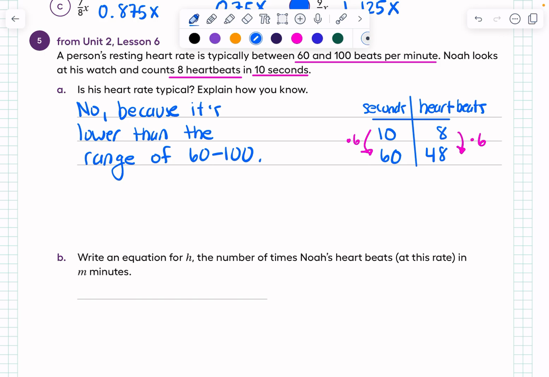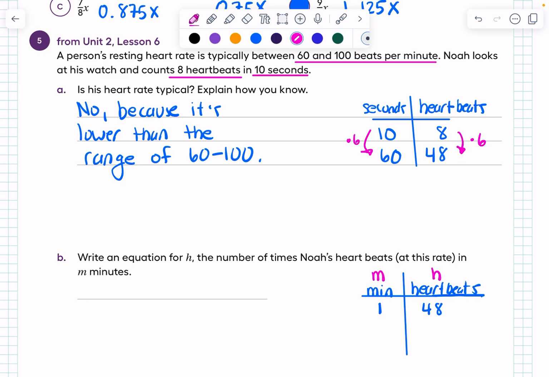So say, for example, we have this. We got minutes and we got heartbeats. So in 1 minute, his heart beats 48, okay? So remember, we got M for minutes and H for heartbeats.